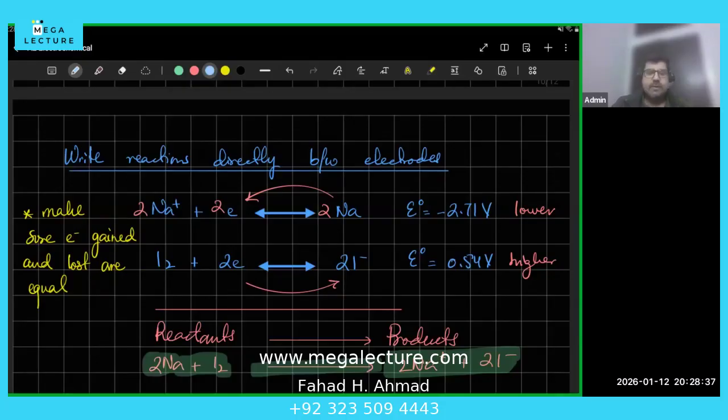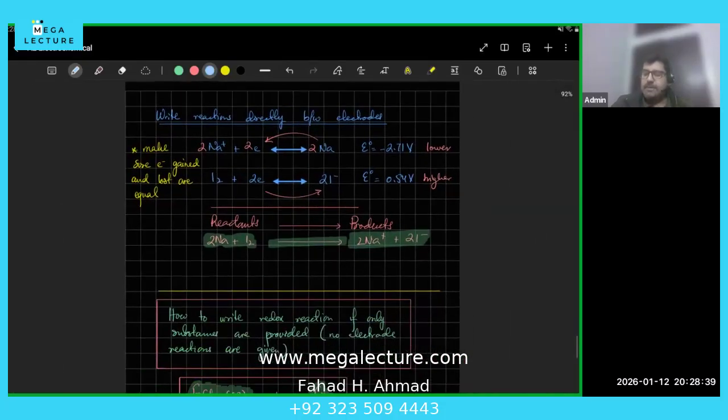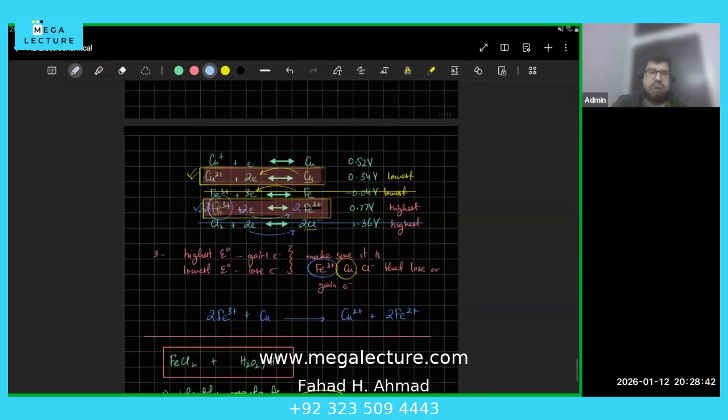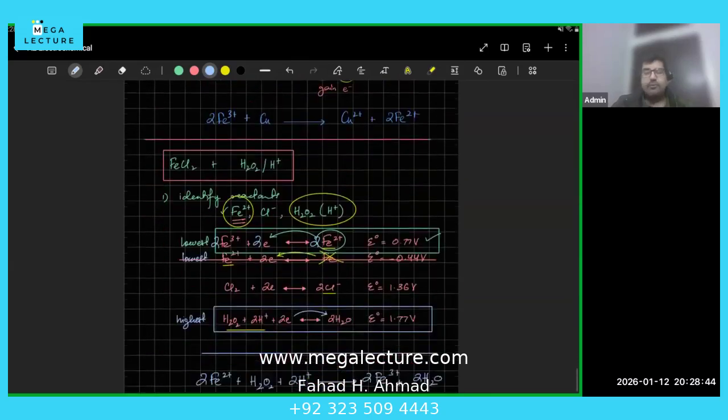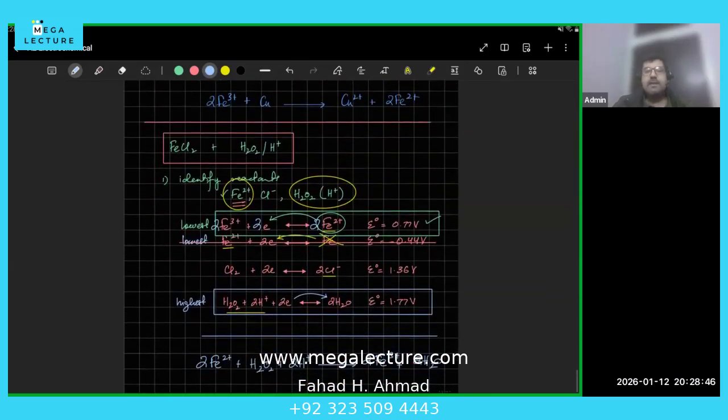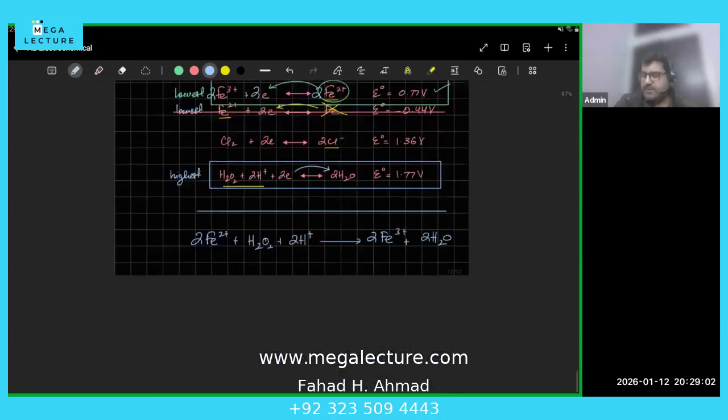And you just make the overall equation. Sometimes they don't give you the electrode reactions. So things get complicated. You have to go through all the possible reactions and then figure out who gains and who loses electrons. There's one more step of complexity, which makes it really complex. But that is very rare. I think maybe 2 times that question has appeared.